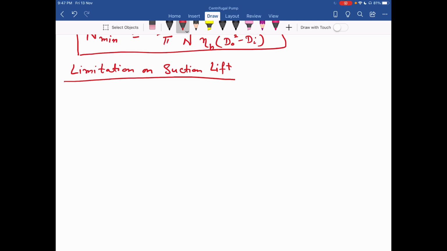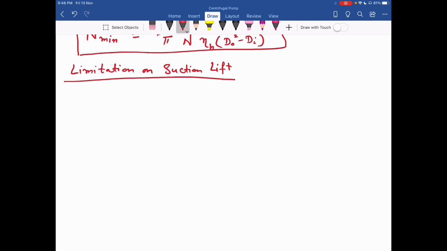So when this absolute pressure is reduced to a value equal to the vapor pressure of the liquid, that is water, at room temperature, the water starts evaporating. The bubbles start forming. So when these bubbles reach the region of high pressure, they collapse over there and vacuum is created.